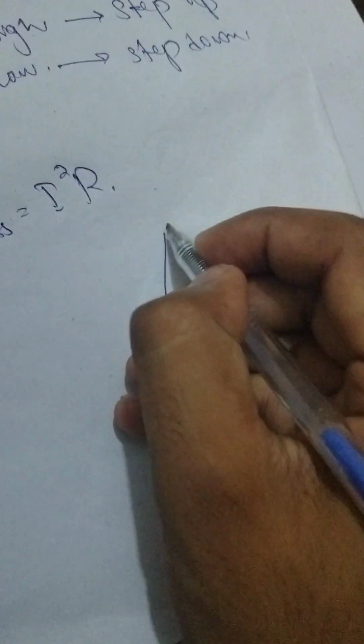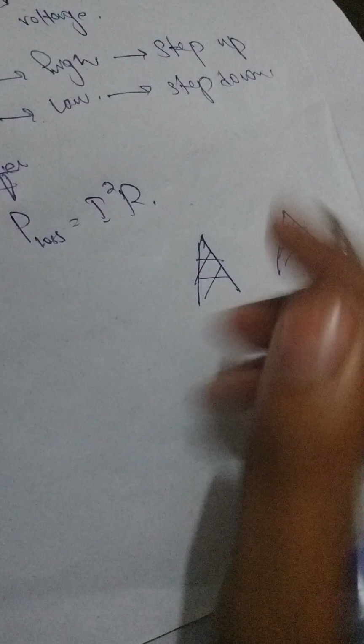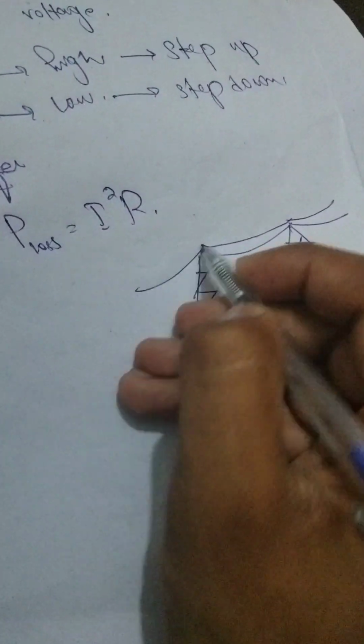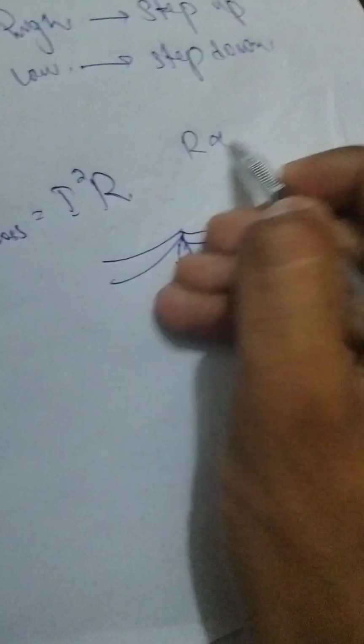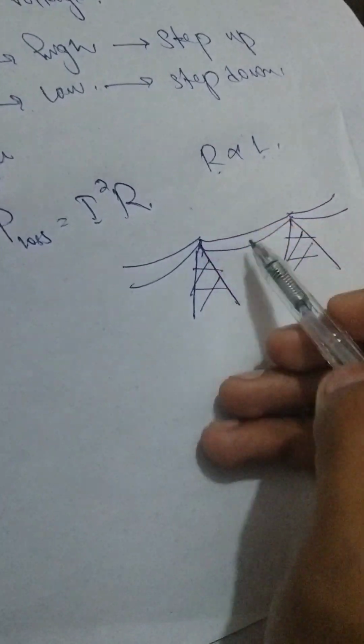So as you know, by the mathematical expression of power losses, which is I square R, and we know that for long distance transmission we have a network of wires, and due to the long length of these wires, the value of R, as R is directly proportional to L, and L is the length, the resistance will increase.